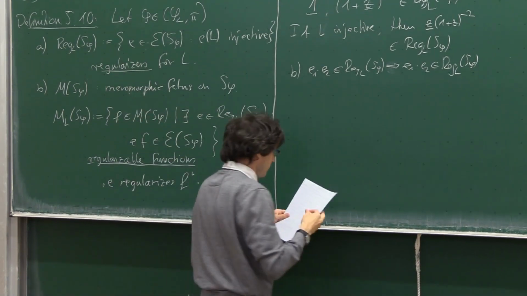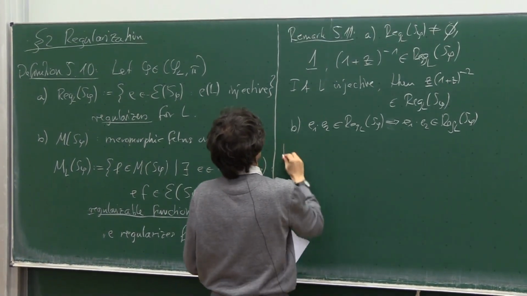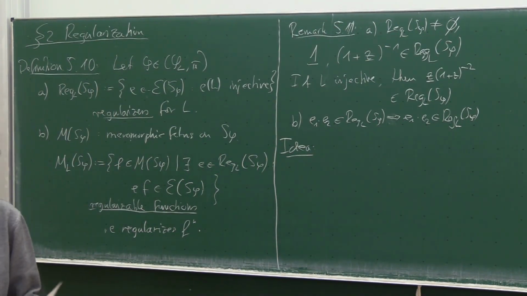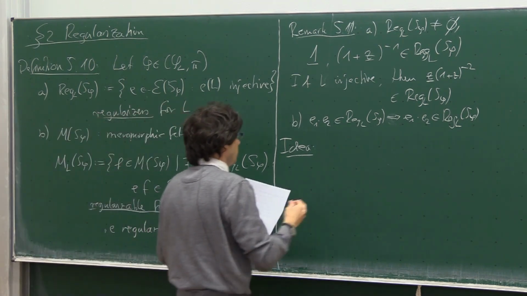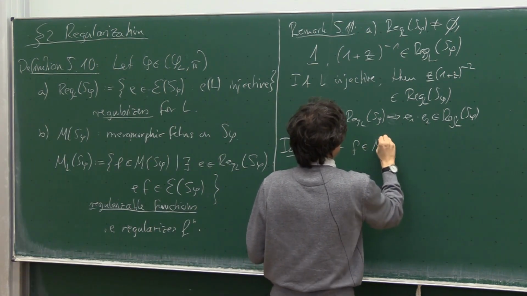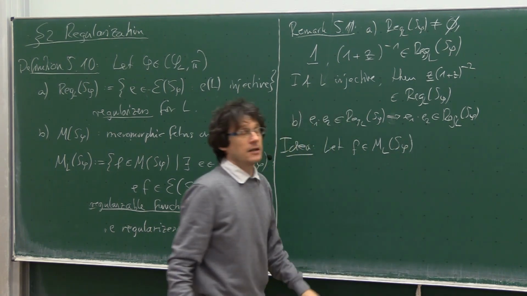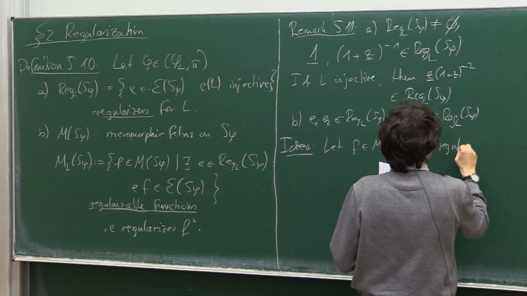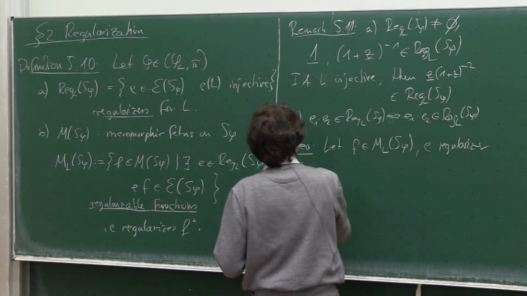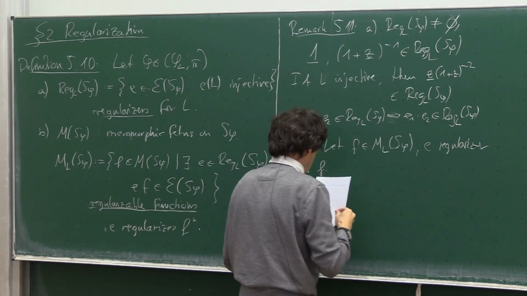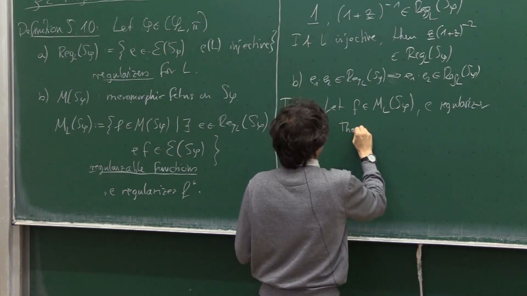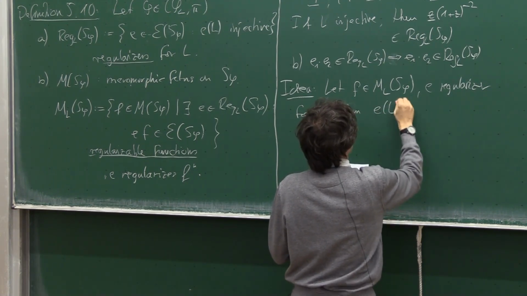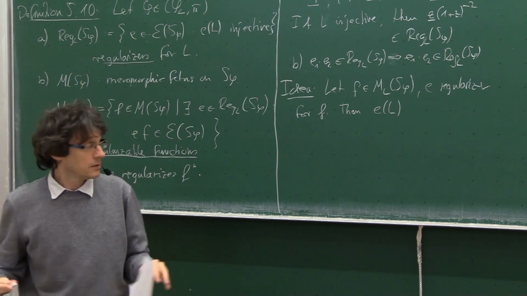Okay. So what is now the idea? Why do I talk about regularizers, and how will this help to improve our class of functions where we can put in L? So if you have a regularizable function, in this class ML of S phi of regularizable functions, then you can pick a regularizer E. E is in the Dunford-Rees class, so the operator E of L is well defined and is a bounded linear operator.